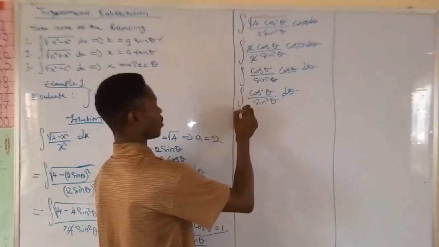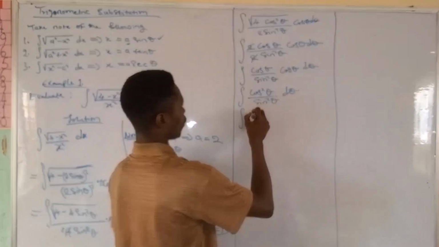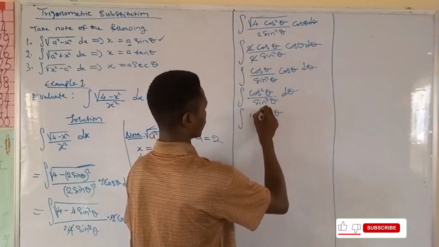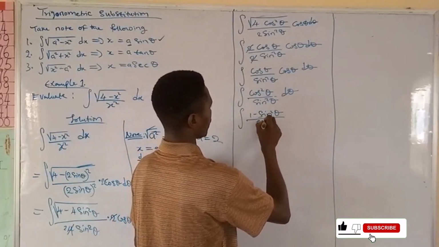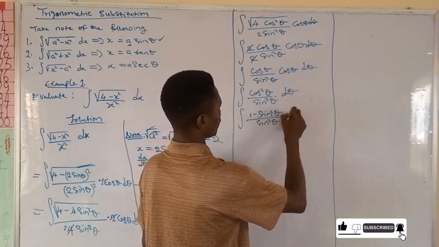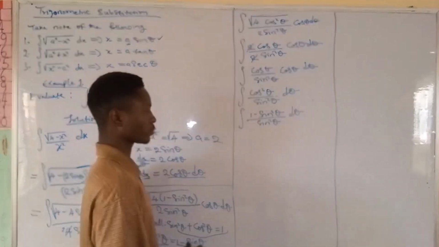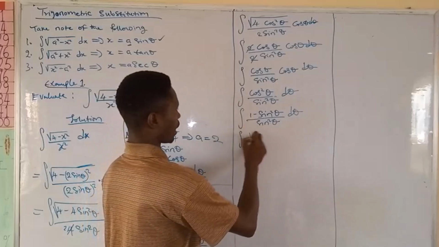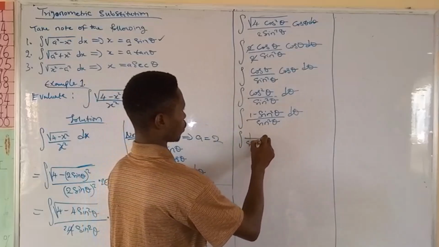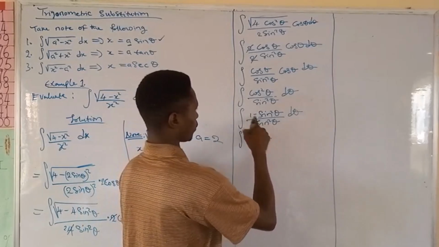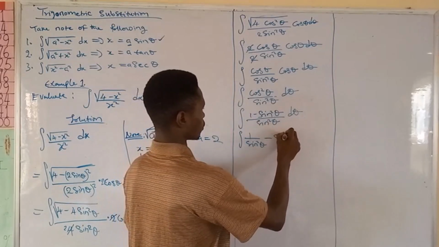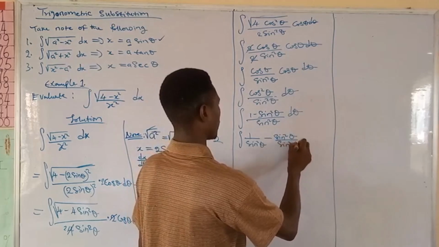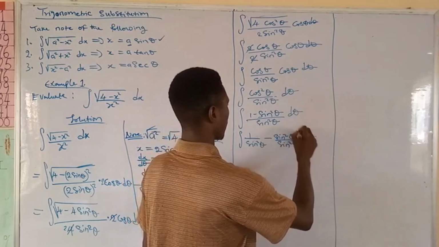So this now becomes the integral of 1 minus sin square theta all over sin square theta d theta. So we can separate this to give us 1 over sin square theta minus sin square theta over sin square theta d theta.